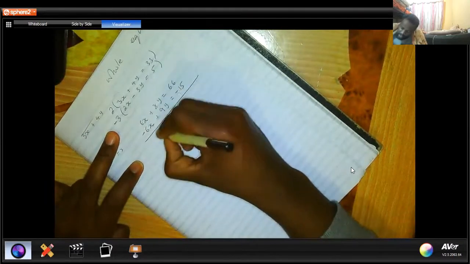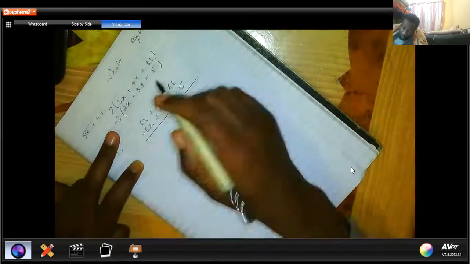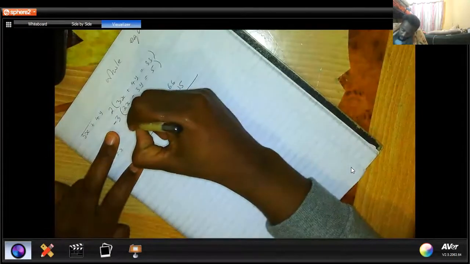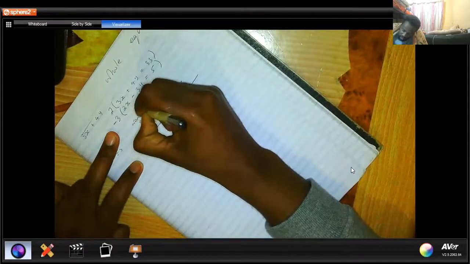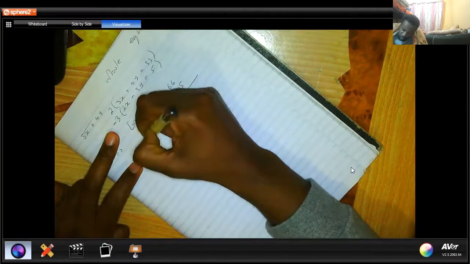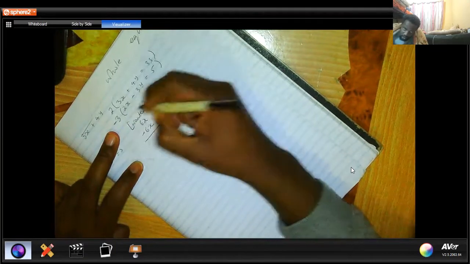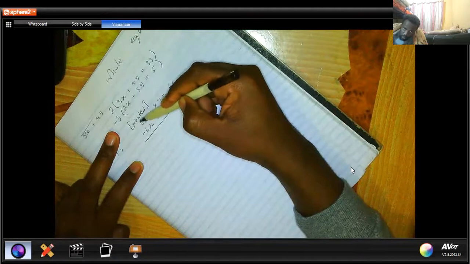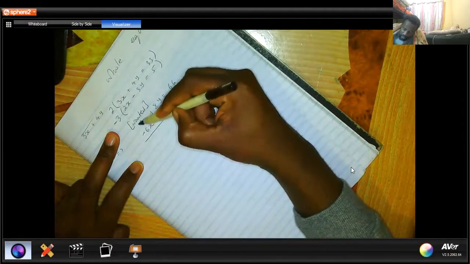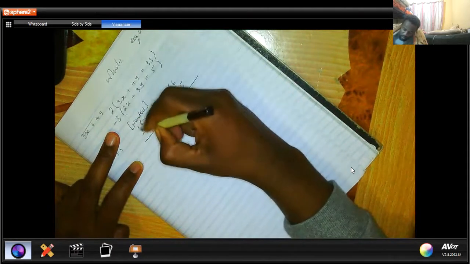Then we add these two equations. Negative 6 plus 6 is 0. We don't count that. This is what we wanted. We wanted them to have the same magnitude, which is 6, but different signs. This one is positive, this one is negative.